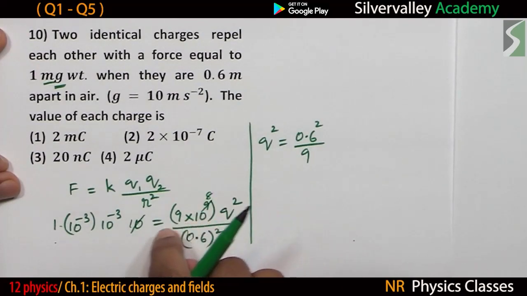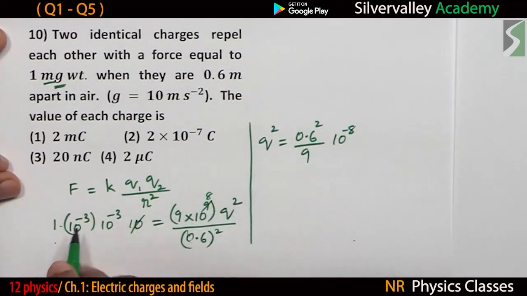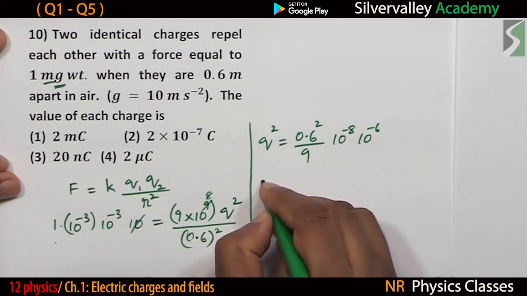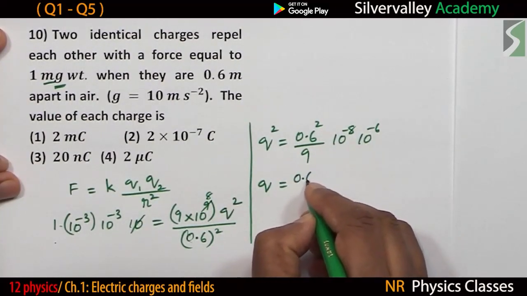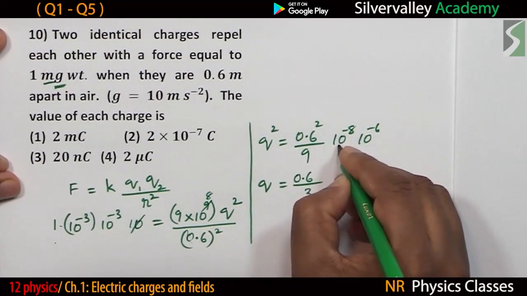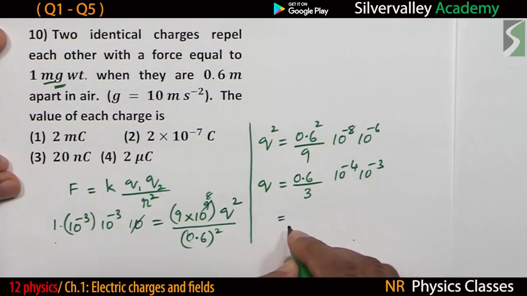This 10 power 8 goes to the numerator, becomes 10 power minus 8. Minus 3, 10 power minus 6. So q equals the square root of this: 0.6 times the square root of 9, which is 3, into 10 power minus 4, 10 power minus 3.